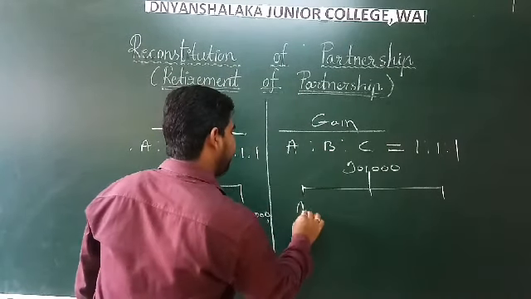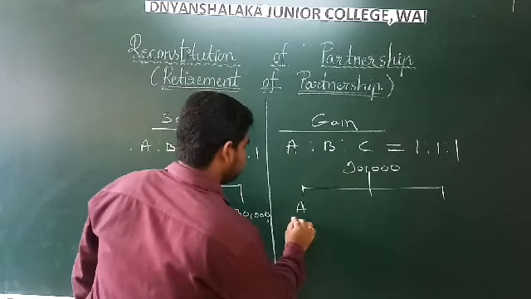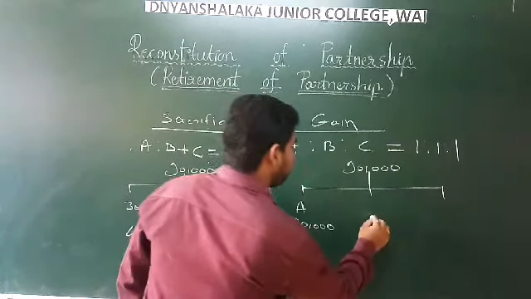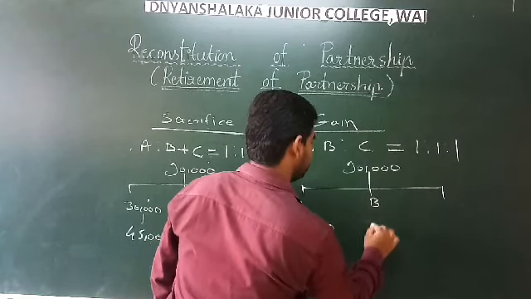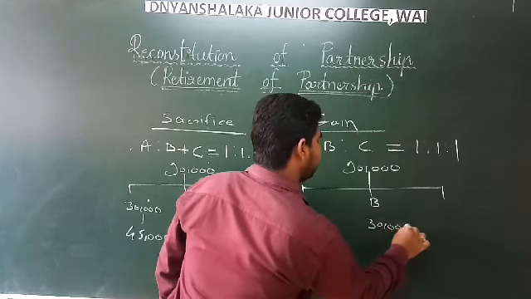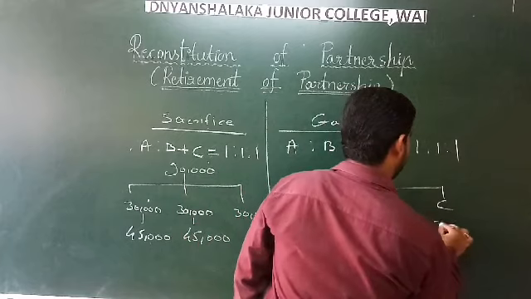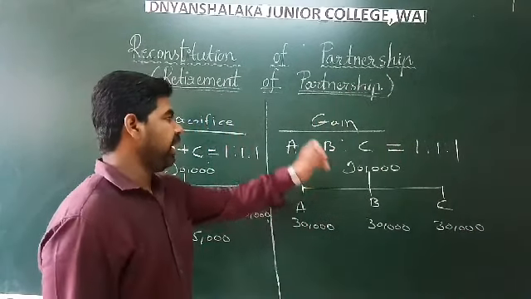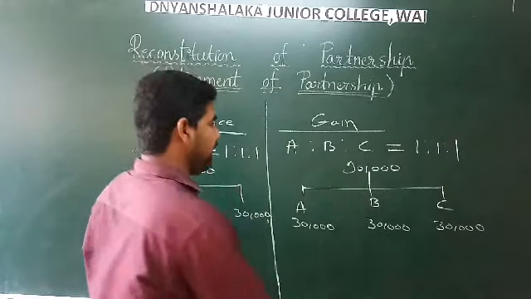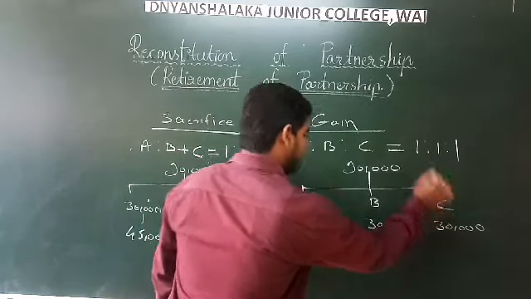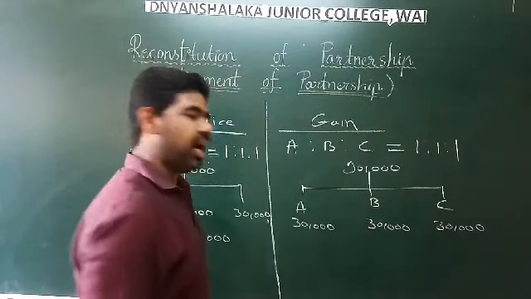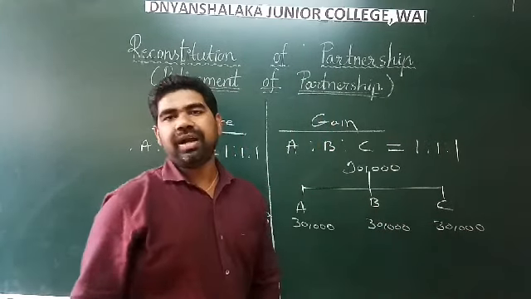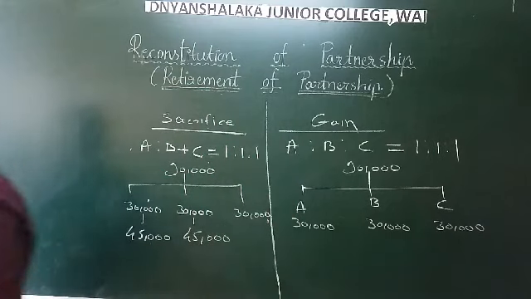So A gets the profit of rupees 30,000, then B gets profit of rupees 30,000, and C also earns the profit of rupees 30,000. समझ रहे हैं? What happens in the case of retirement? Before the retirement of the partner, A, B and C, all three partners earn the profit of rupees 30,000 individually. Okay, so now understand what happens next.